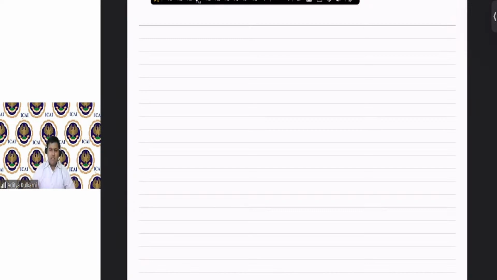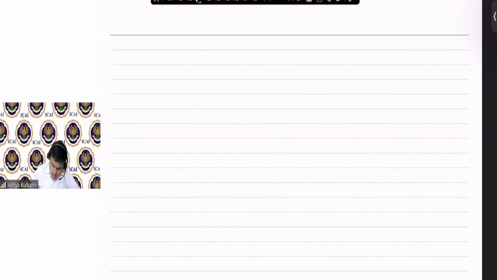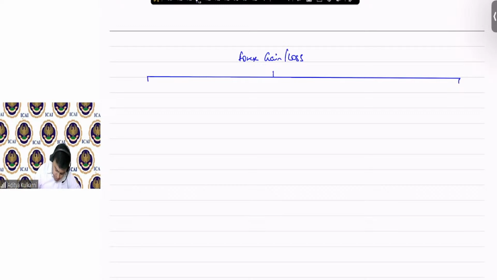So now let us just put it in a chart. You can note this down. Forex gain or loss. Option 2, availed under previous GAAP.